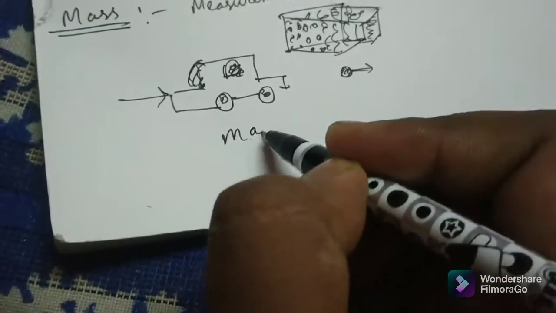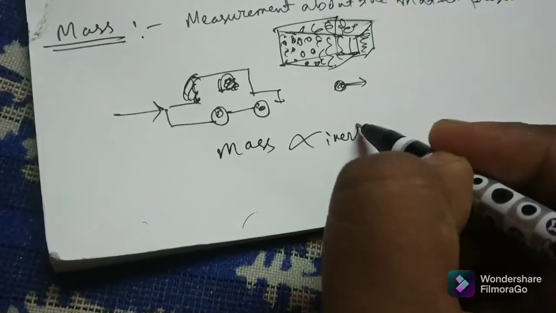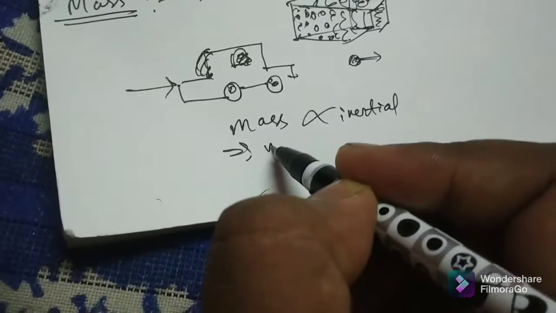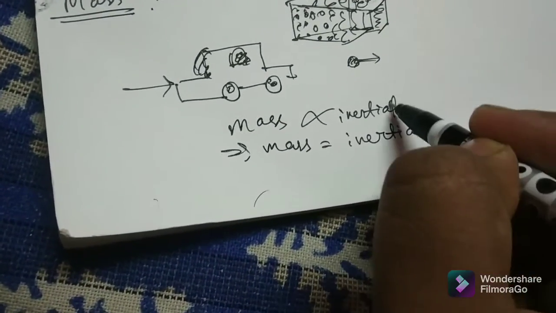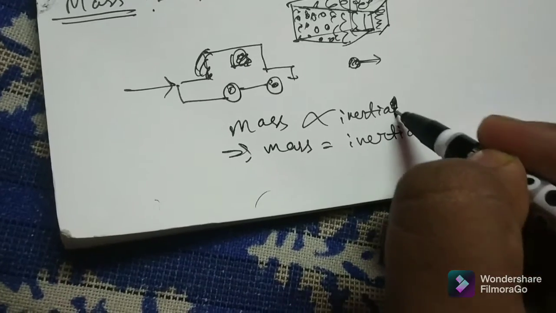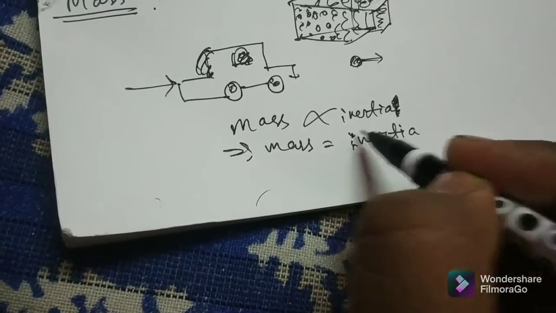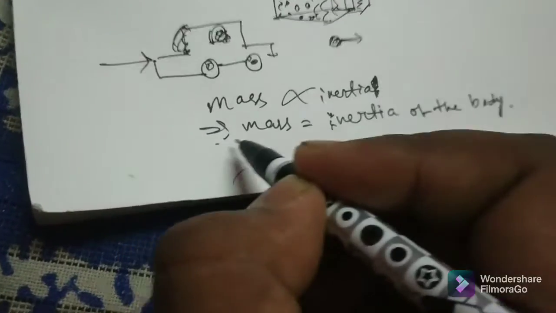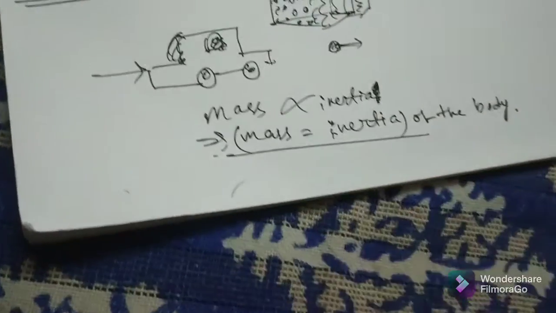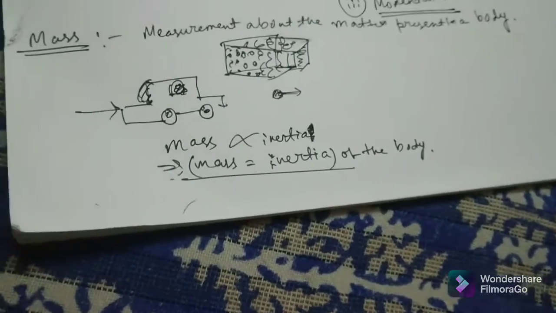So mass is directly proportional to inertia, or we can also say mass equals inertia of the body.